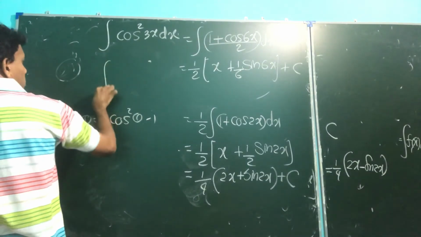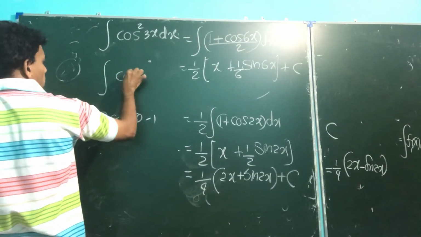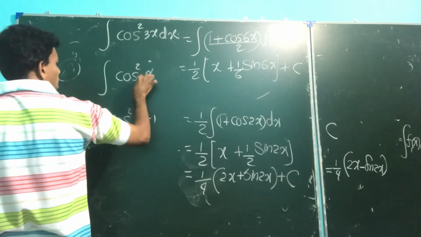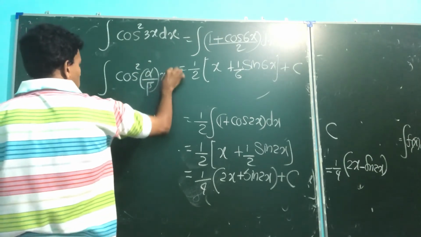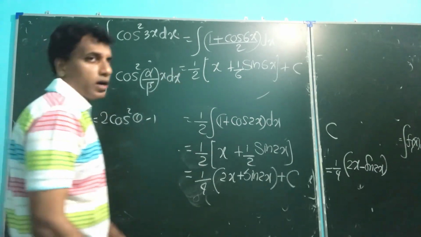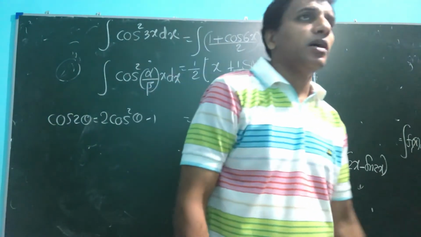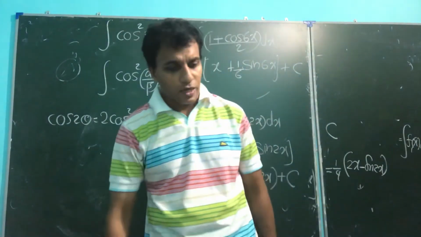Another example: cos square alpha over beta into x dx. Try this one. Cos square alpha over beta into x dx, integral, standard form.